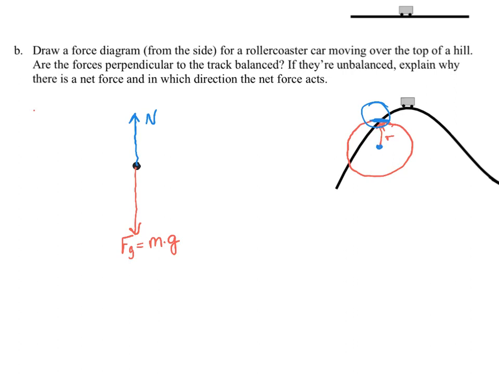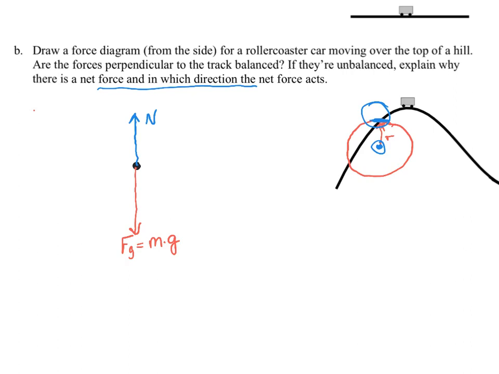Well, the center of the circle is right here. I only have 2 forces acting on it: the downward force of gravity and the upward normal force. And if I know that the unbalanced force has to be pointed down, that means F_G has got to be bigger than the normal force.